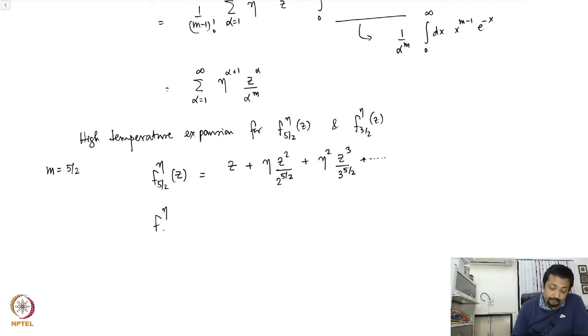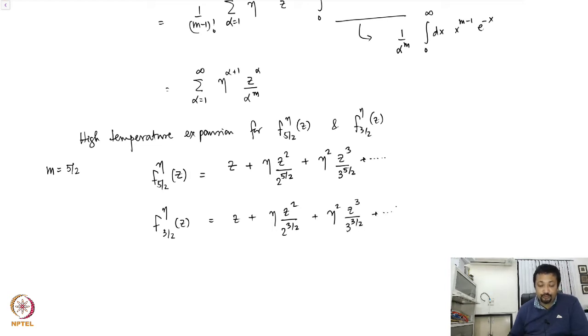And I am going to have f 3 half of z equal to z plus eta z square over 2 to the power 3 by 2 plus eta square z cube over 3 to the power 3 by 2, and so on and so forth.